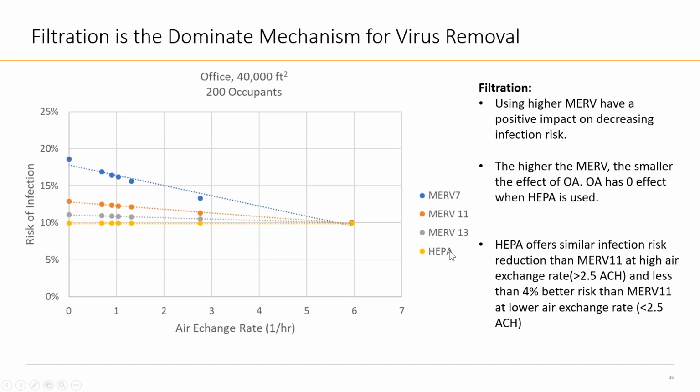If your fan cannot take a HEPA filter, it's also very costly, then MERV 13 or MERV 11 will be better than MERV 7, and MERV 13 and MERV 11 for this particular size that I assume based on previous research is very similar, and you can see here basically between the orange and the gray.